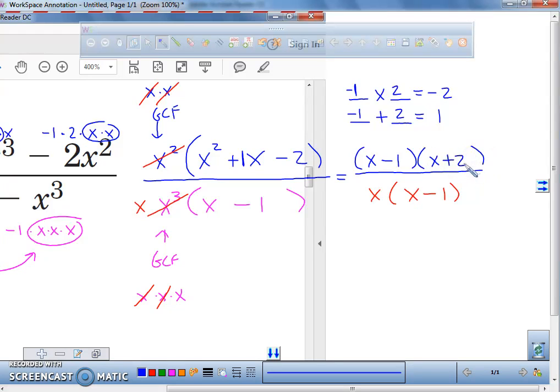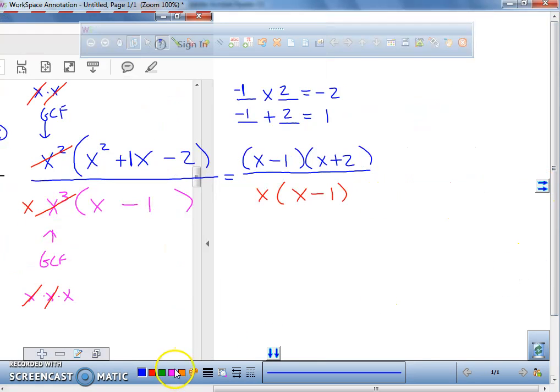Now we're not going to review the FOIL method in this video, but if you've ever watched any of these videos, you've probably seen the FOIL method a lot. But if you multiply these together using the FOIL method, you can get back to this trinomial right here. Now, everything is factored. This times this gets me back to this trinomial, and we've got an x times an x minus 1.